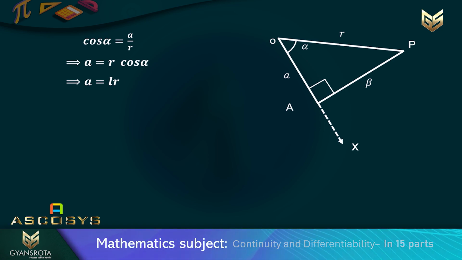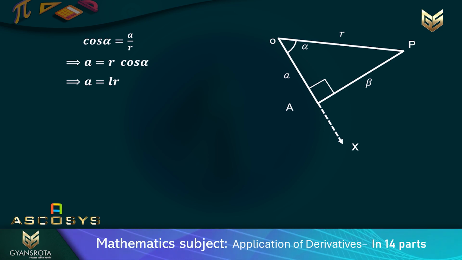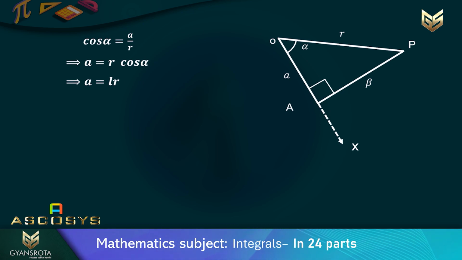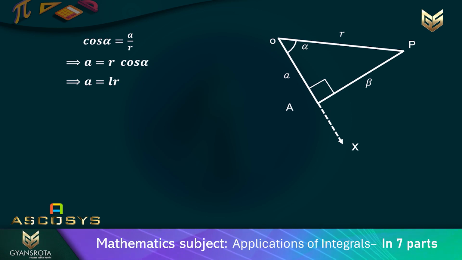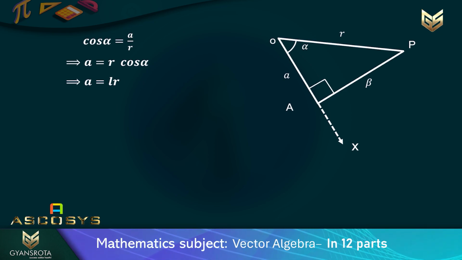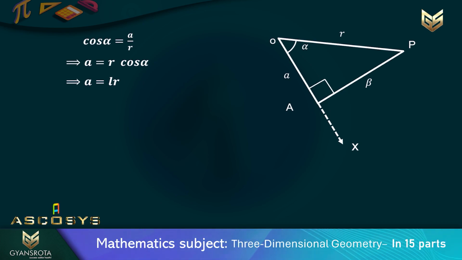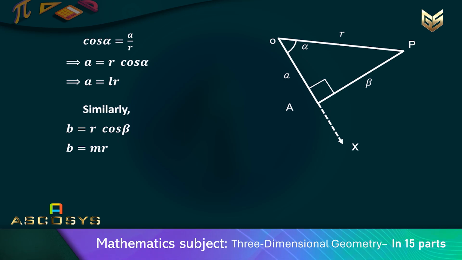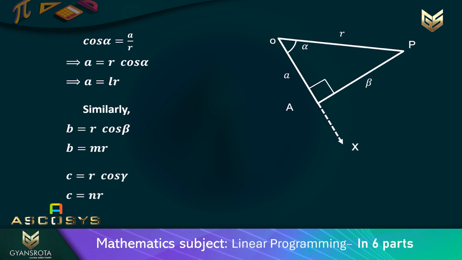It is R. So that means cos alpha will be equal to A by R. And if you shift the terms, now you will get A equal to R cos alpha. Now this cos alpha, we are calling it L. So you will have A equal to LR. In the same process, if you take the other two right angle triangles, you are going to get B equal to MR and C equal to NR.